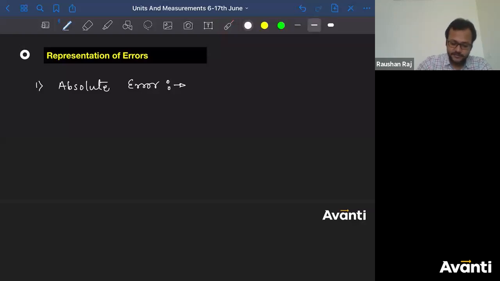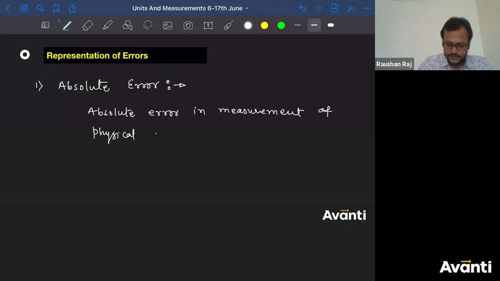Let us say you are measuring a physical quantity A. So the absolute error in measurement of physical quantity A, how do I represent this?